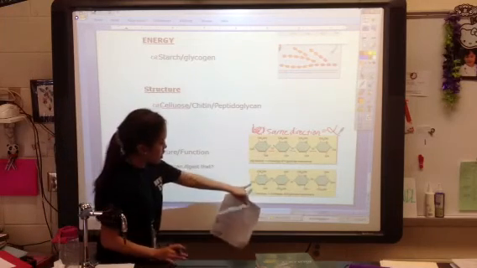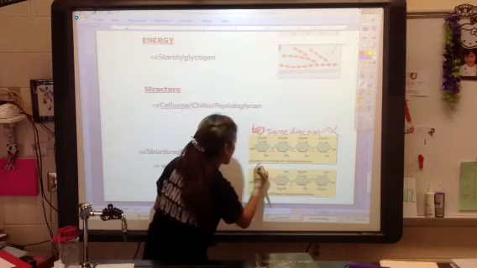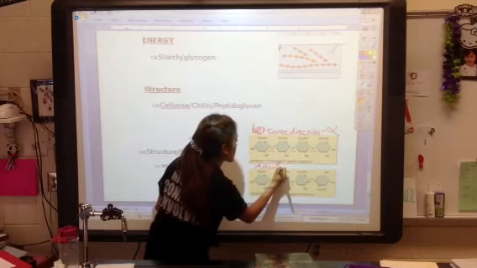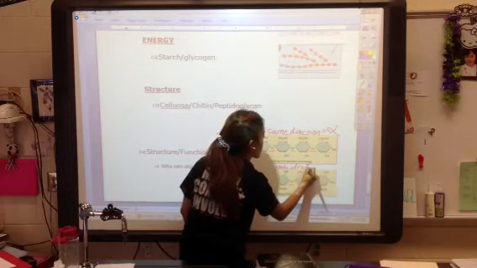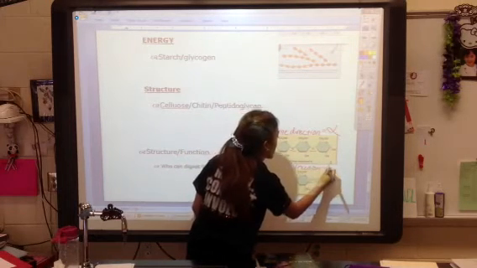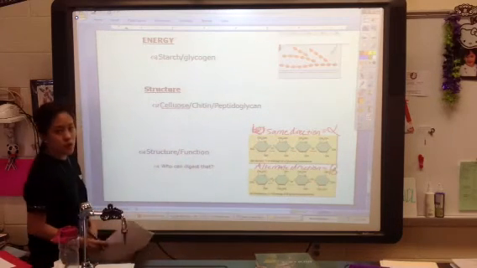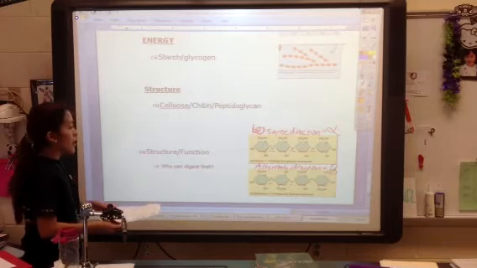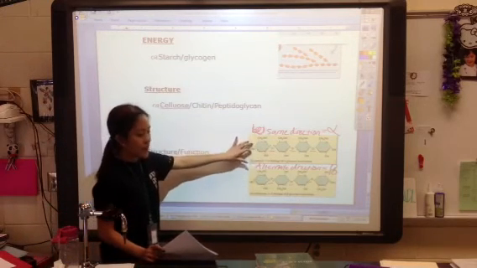And then down here, if you notice with the cellulose, we have alternate directions. Which gives us the beta linkage, the beta glucose molecule.